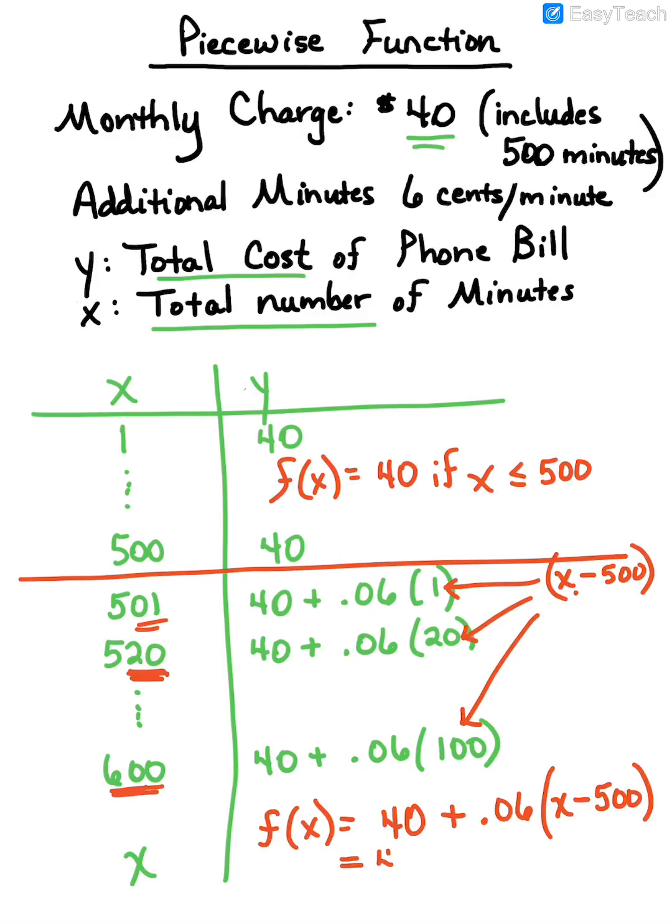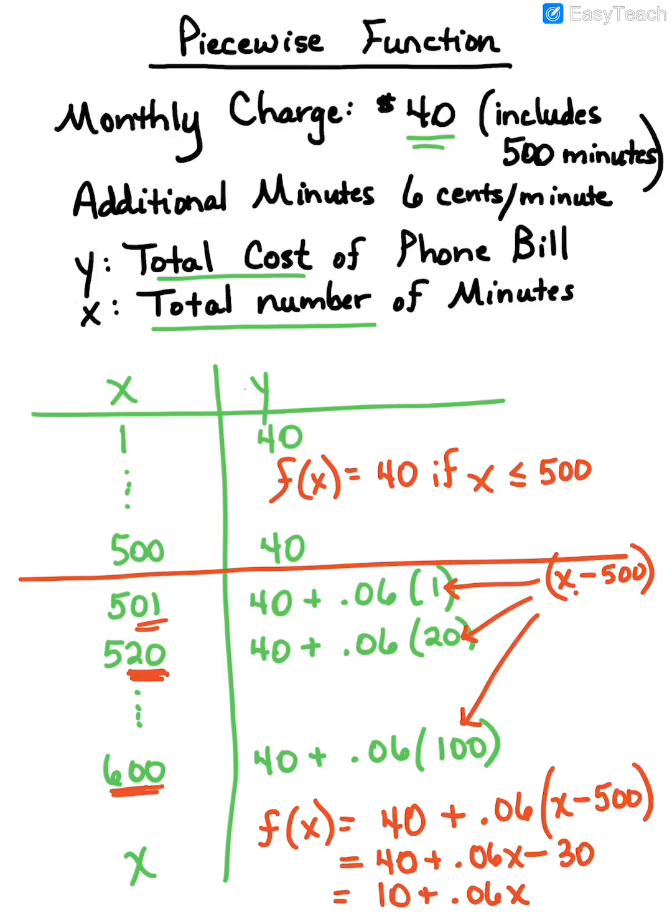So if I go ahead and distribute this, I get 40 plus 0.06x, and then minus, up to my calculator, 500 times the 0.06 would give us 30. So 40 minus 30 leaves us with $10 plus 0.06 times x.